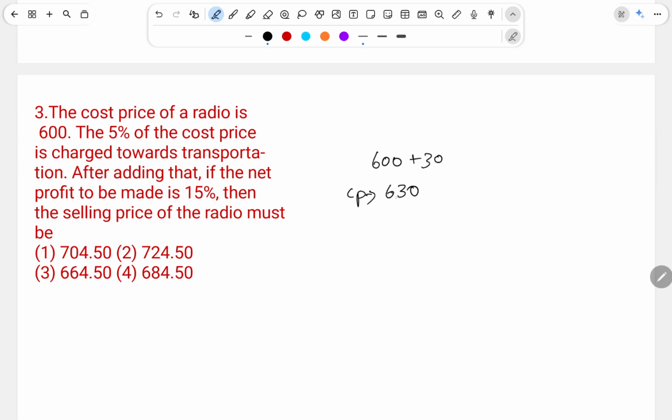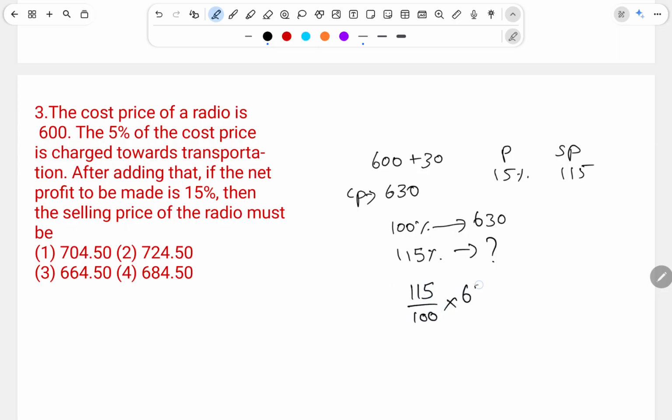Every time we assume CP to be 100%. 100% is 630. To earn a profit of 15%, SP must be 115. So what will the 115 value be? On 100 it is 630, so 115 it will be more than that. So 115 is more by 630 into 115 by 100.